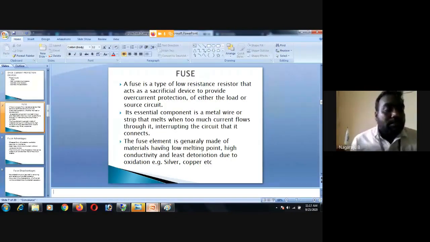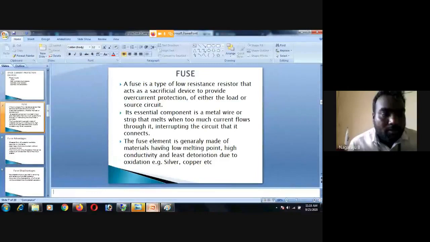Okay, the ratings of the distribution fuse cutouts are based on the continuous current carrying capacity, the nominal voltage, as well as the maximum design voltage, as well as the interrupting capacity.